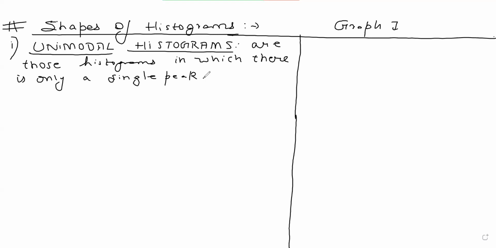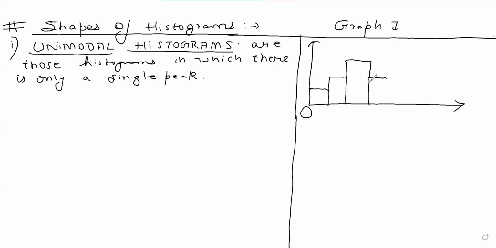Okay, and if I join the midpoints of the rectangles, somewhat like this, if I draw a graph for more clarity. Suppose this is a random histogram. This is my variable x. This is my frequency. When I join the midpoints of the rectangles, you can see that there is only one single peak.